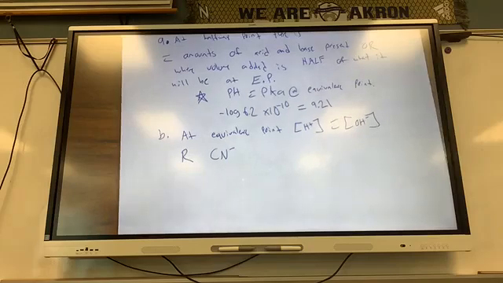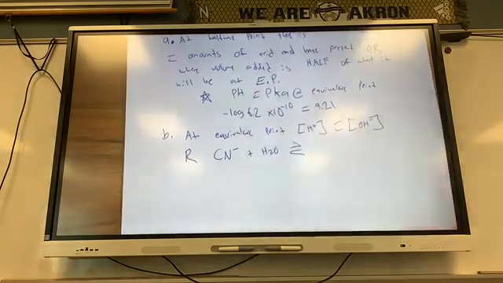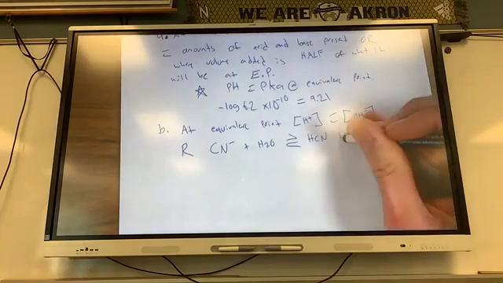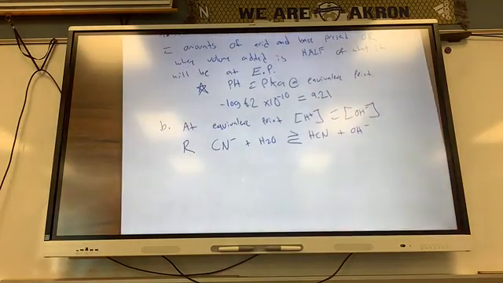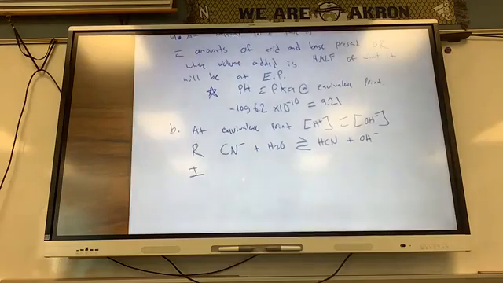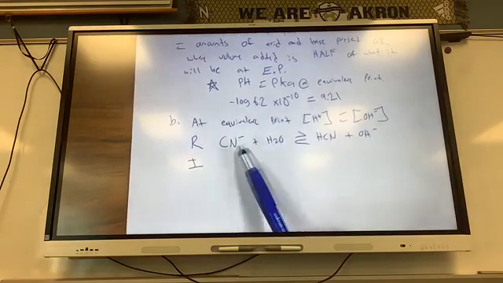The H is already gone because it's a weak acid, right? Plus water. That's going to give me what? HCN plus OH minus. I have to figure out my initial concentration.